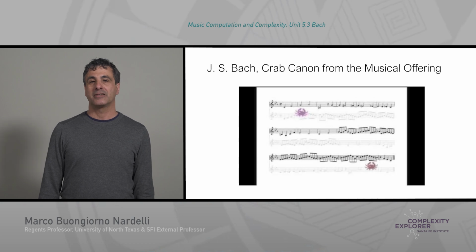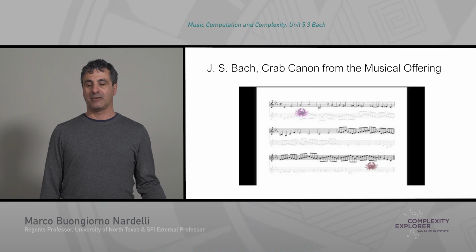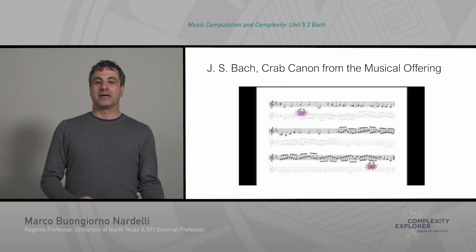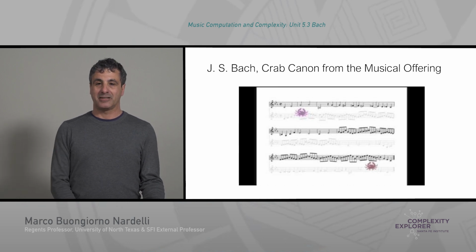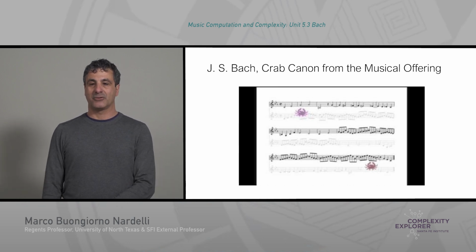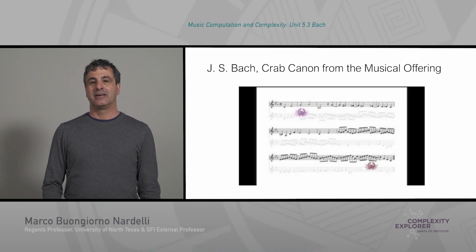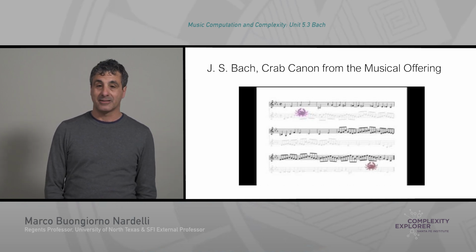A crab canon is a canon where there is one melodic line that is sung or played by one performer, and the same melodic line is played in retrograde by the other one. So you have a single melody that one performer plays left to right, and the other one plays right to left at the same time.